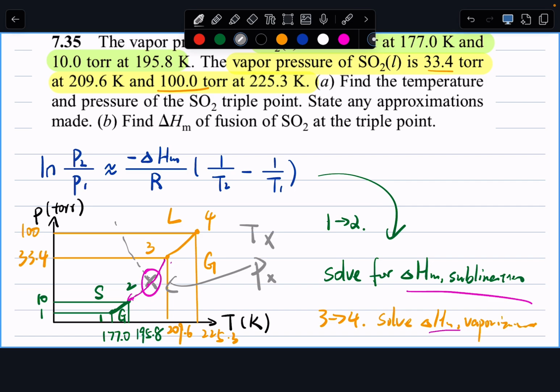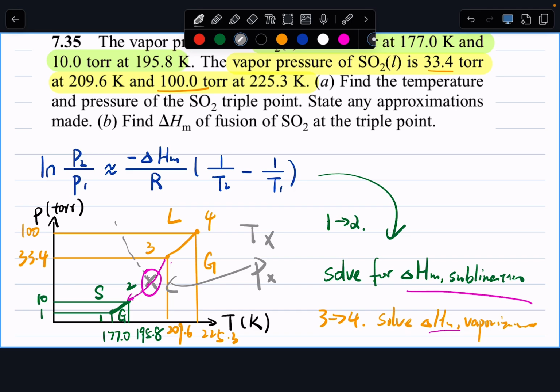So in that case, we can plug in what we know here, that is the logarithm of my pressure x, P triple, over my second point, which is P2, which is 10, roughly equals to the negative of this number over 8.314 times 1 over T triple, or Tx, minus 1 over 195.8. So that's my equation 1.